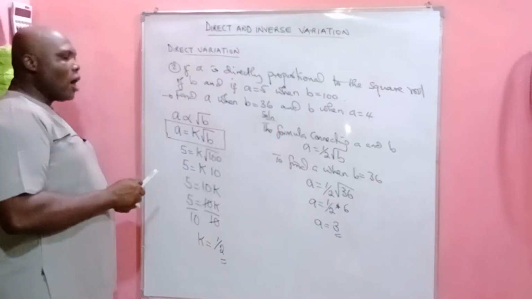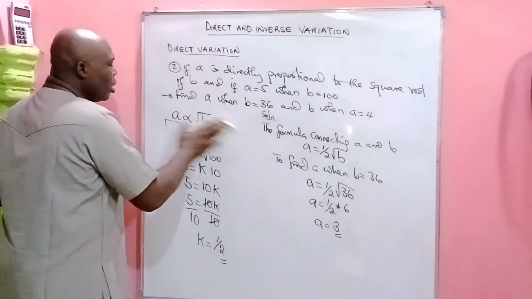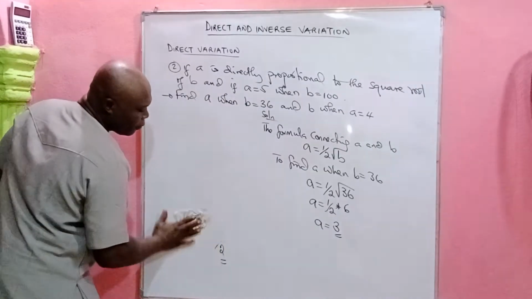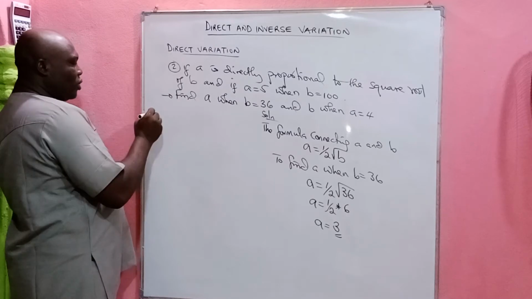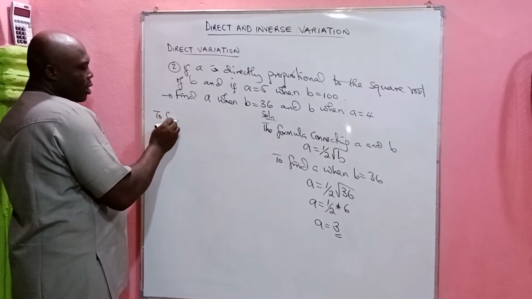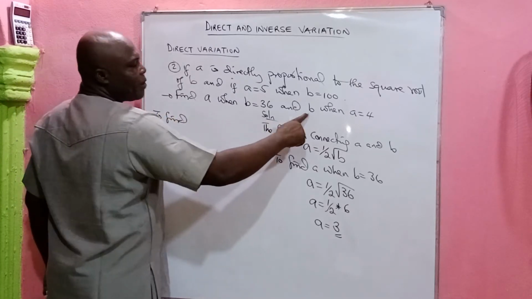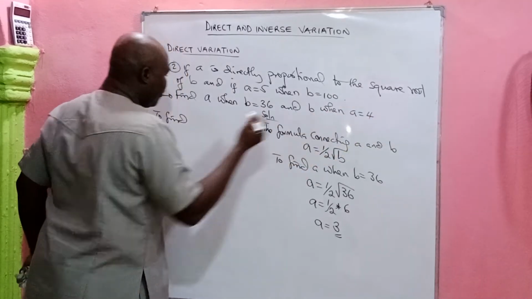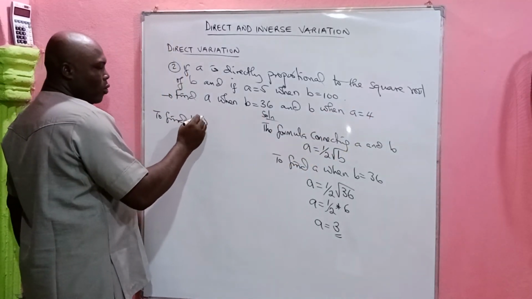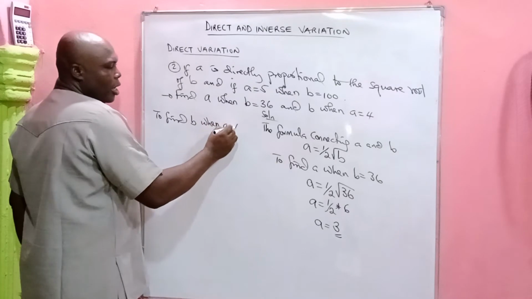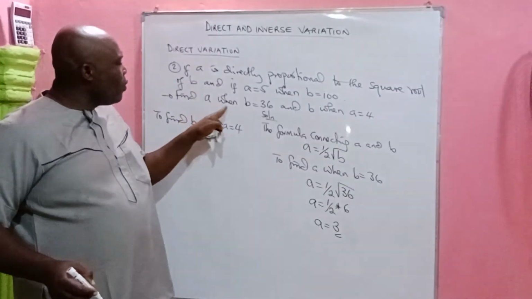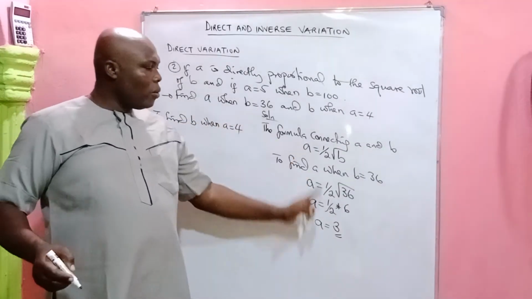Now we need to find the second one. In the second one, they say we should find B when A is 4. The first one was to find A when B is 36, which is what we just did here.